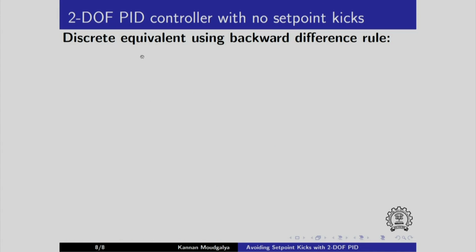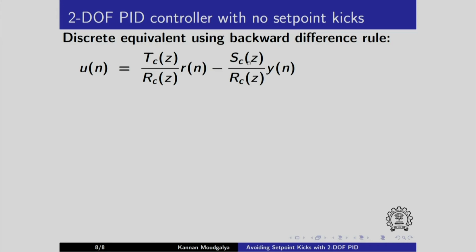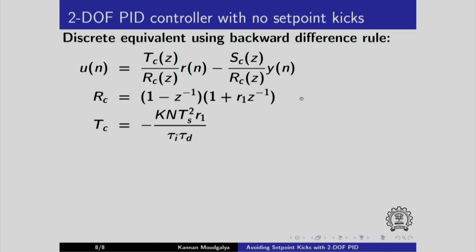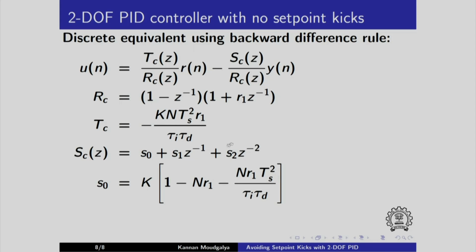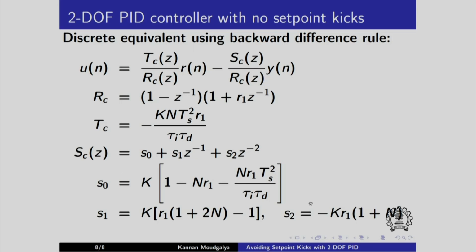Now let us look at the discrete equivalent using the backward difference rule. Here is the control law, where the expressions for Rc, Tc, Sc are given below and the meaning of s0, s1, s2, all small s, are given here.